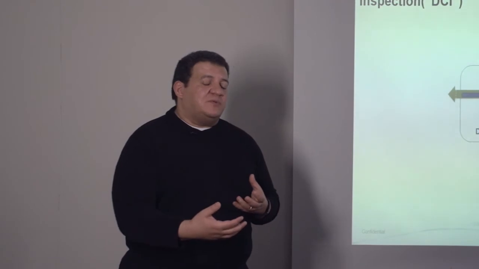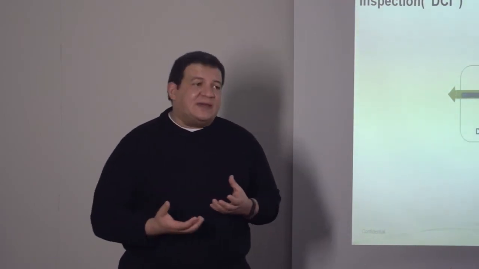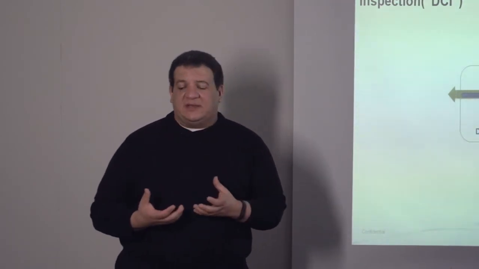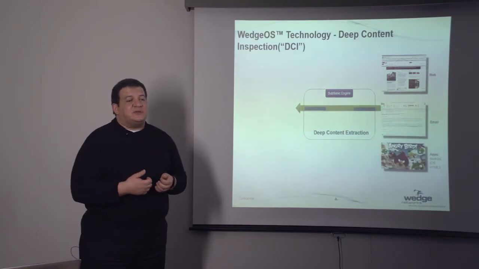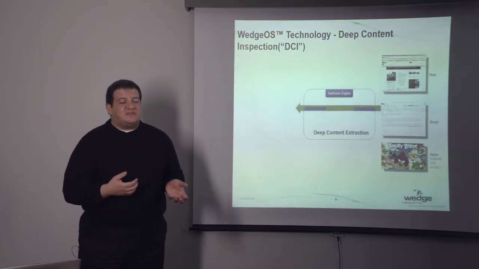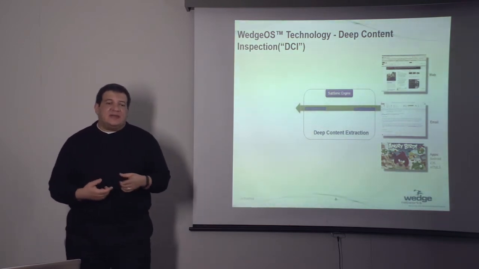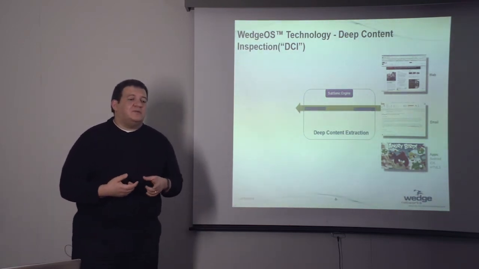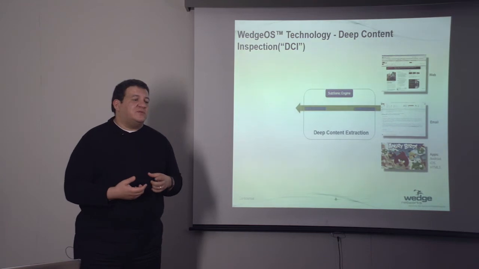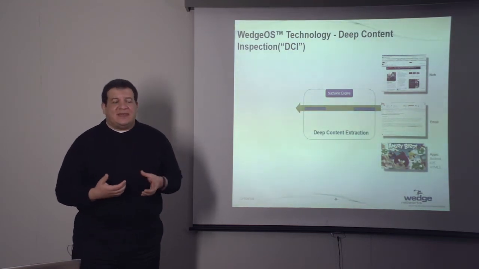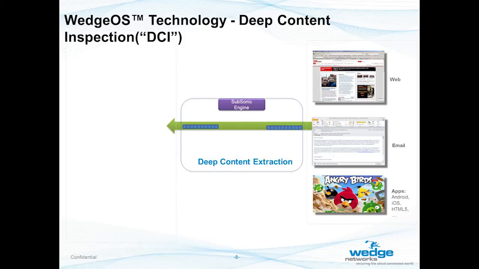The next time when I'm emailing it to you, it should not be scanned again. That's something we have in our subsonic engine. We basically fingerprint content to ensure that if we have seen the content, we don't scan it again. That gives us a huge performance gain for any protocol, around 34 to 45% performance gain. The second thing we do is what we call green streaming.